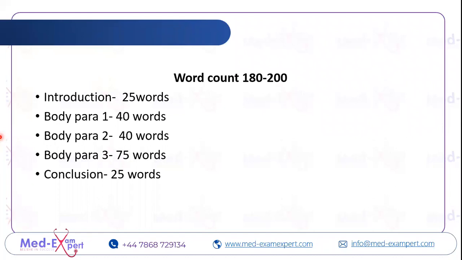If you organize your letter with these word counts, it will be very easy for you to stick between 180 and 200. You will not exceed it. So it's an ideal one. It's up to you whether you follow it or not, and it depends on the information also. Sometimes we have more medical history, sometimes we have quite less relevant medical history, so it depends on that as well.